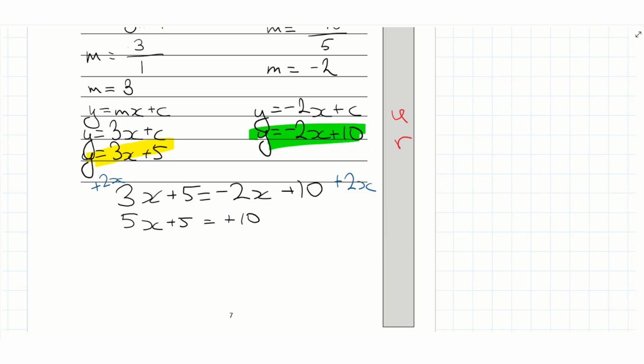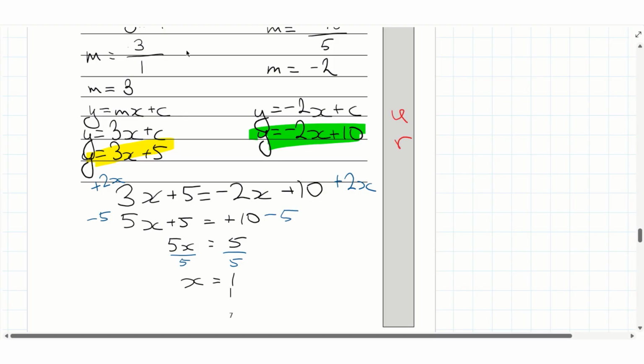And now I'm trying to get x by itself, so I'm going to subtract 5 from this side and subtract 5 from this side. And I am going to come up with 5x is equal to 5. Then I'm going to divide by 5, divide by 5. X is equal to 1.